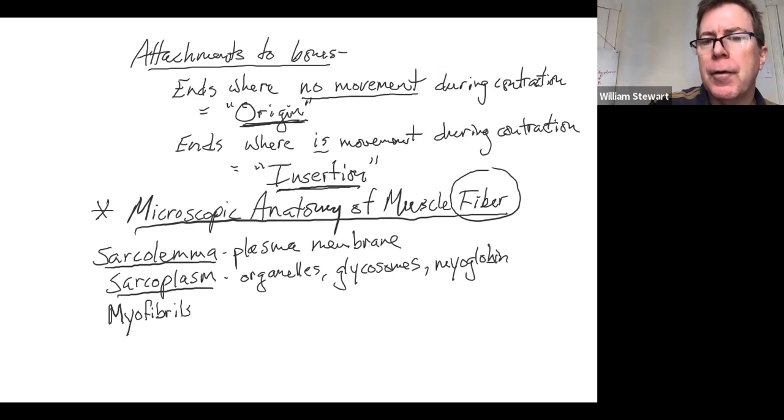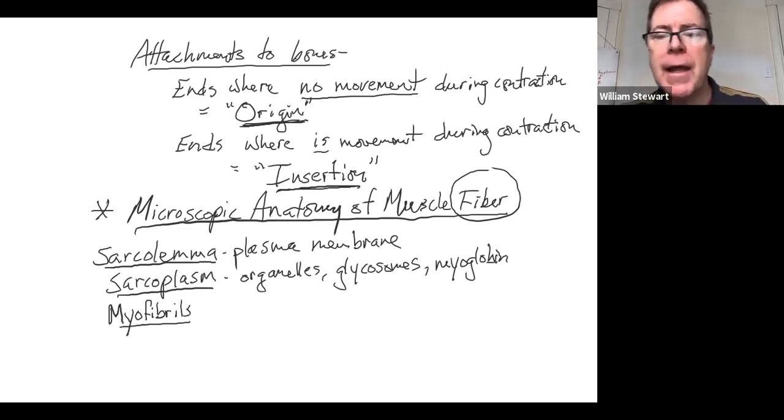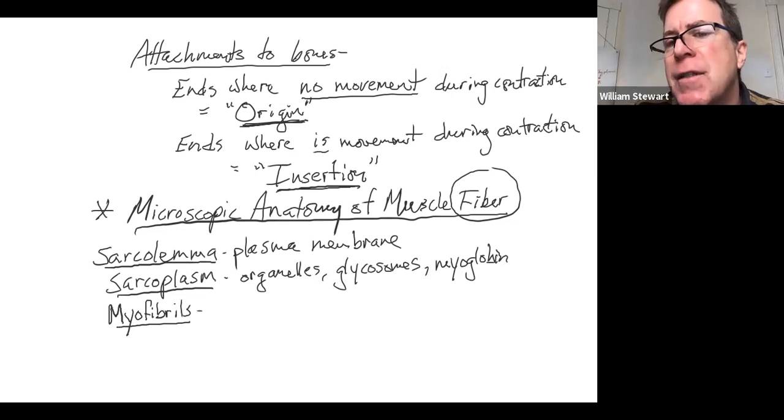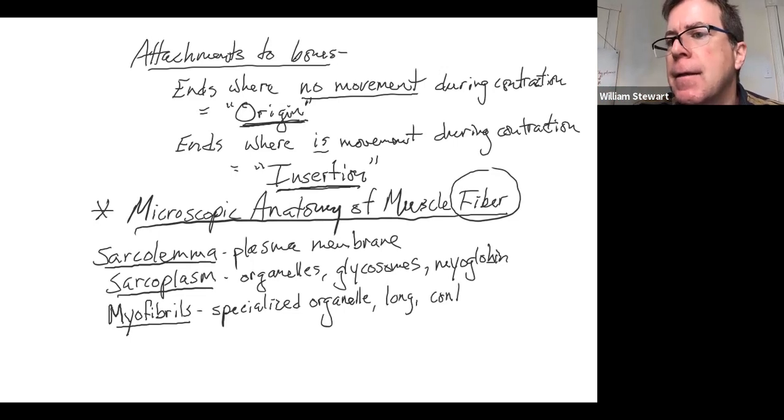Myofibrils. It's important you understand as best as possible what a myofibril is. It's a specialized organelle inside of an individual fiber or cell. It's long and cylindrical, and it contains myofilaments.